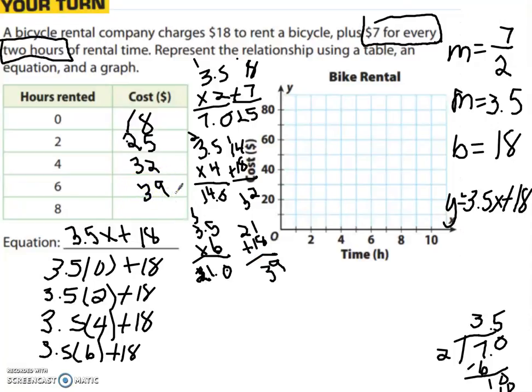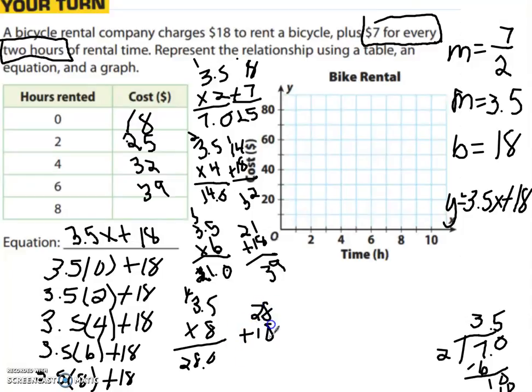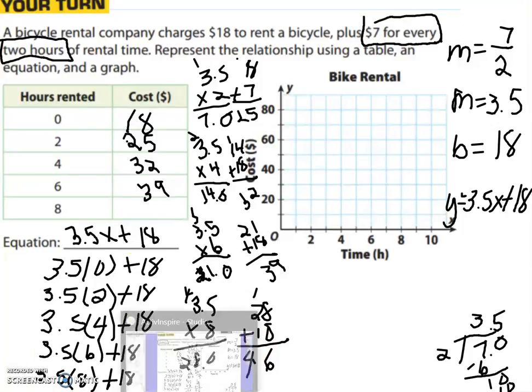All right, then the last one, I need to do 3.5 times 8 plus 18. So 8 times 5 is 40. 8 times 3 is 24, plus 4 is 28. So 28 plus 18, I get 46.